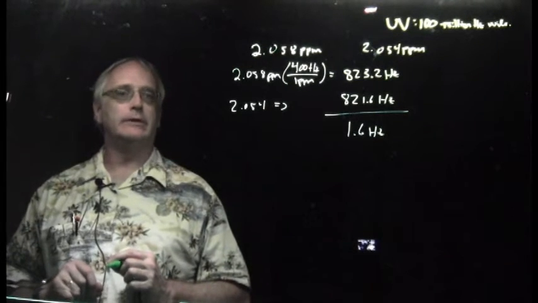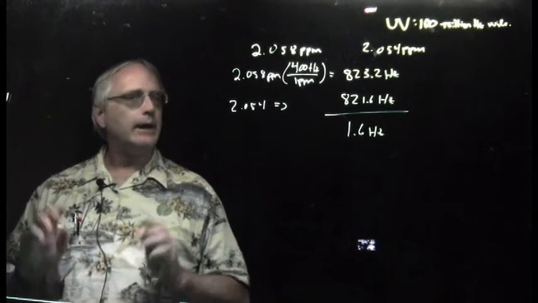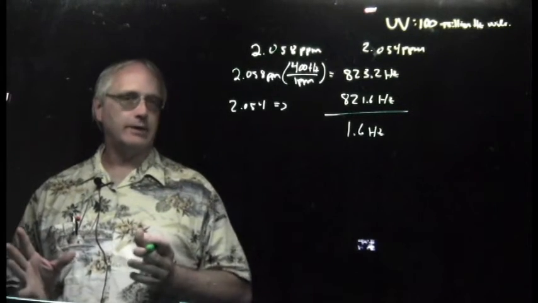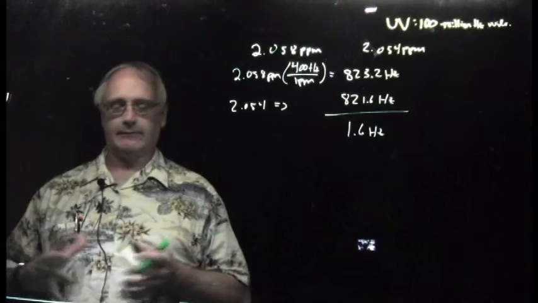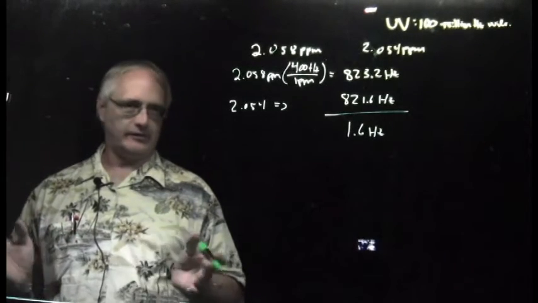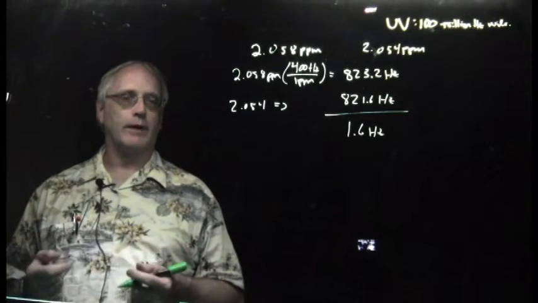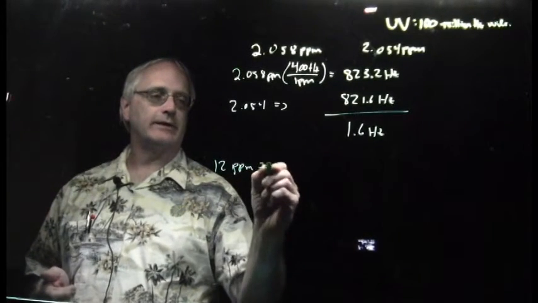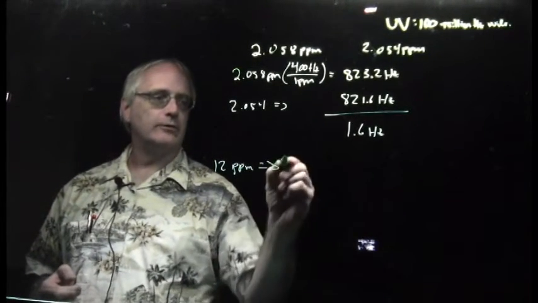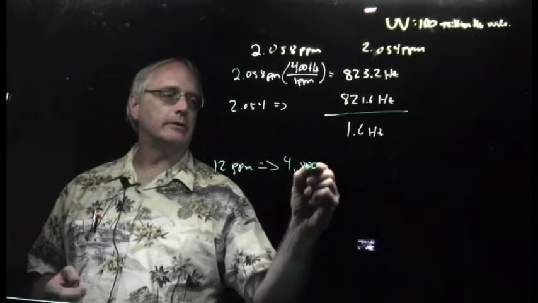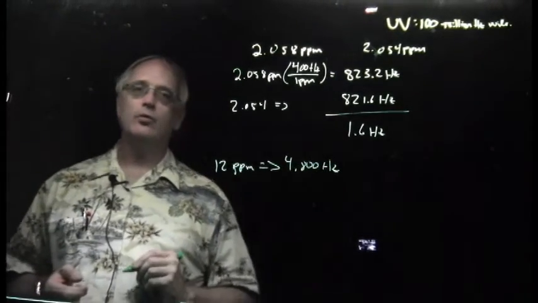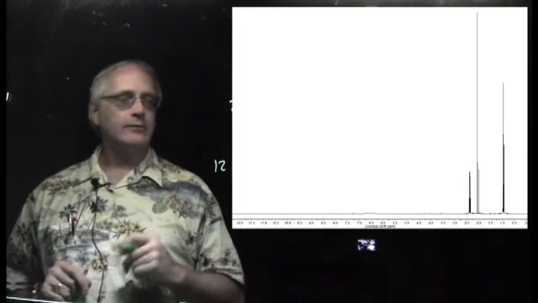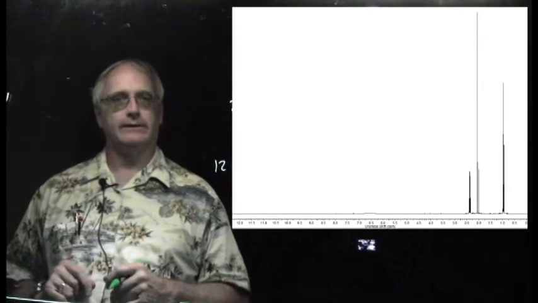Notice how much narrower that is. And realize one other significant thing. An entire proton spectrum that we've looked at, we've seen many of them now, the 0 to 12 ppm common range, translates into 4,800 hertz. The entire width of an entire proton NMR spectrum is 4,800 hertz wide on our instrument.